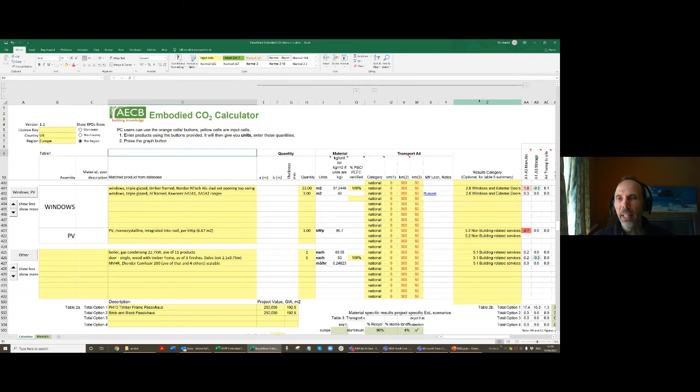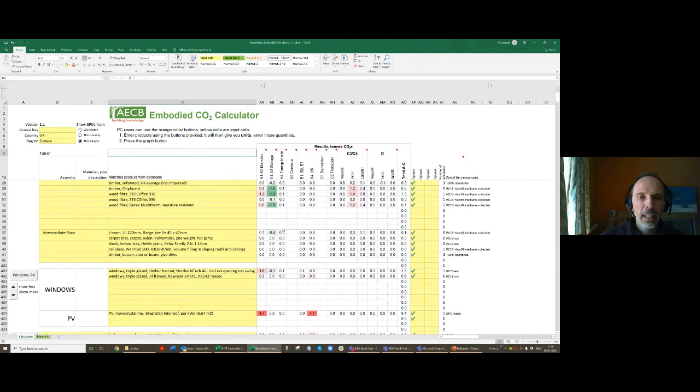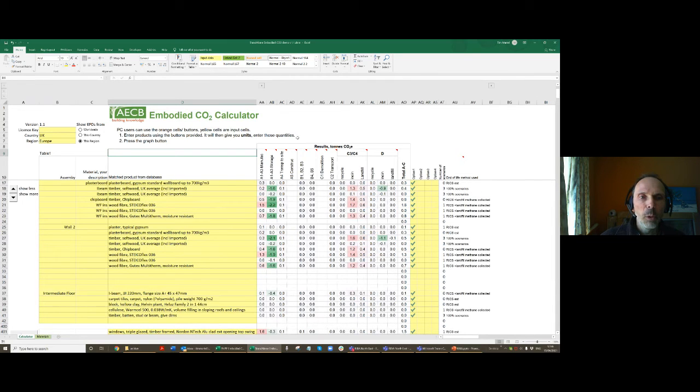So what I've just done there is I've flipped between a condensed view, which is an overall summary, and a more detailed view.